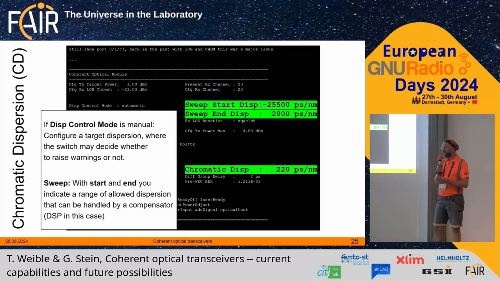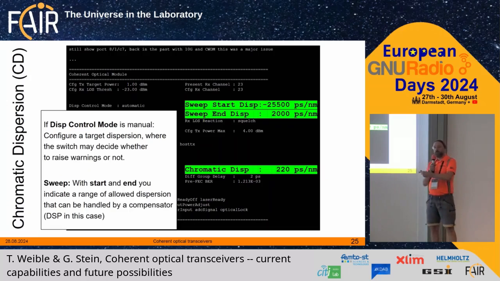And this has, when you look at the characteristic of such a fiber, roughly 10 picoseconds per nanometer per kilometer of the chromatic dispersion. And when we do the measurement, we got 220 picoseconds per nanometer. So when you do the reverse mathematics, you can even calculate your link span.